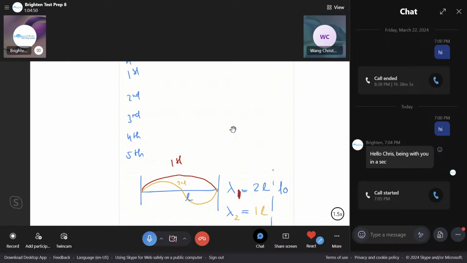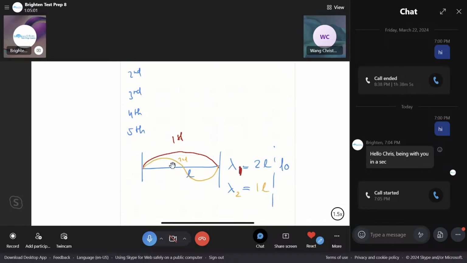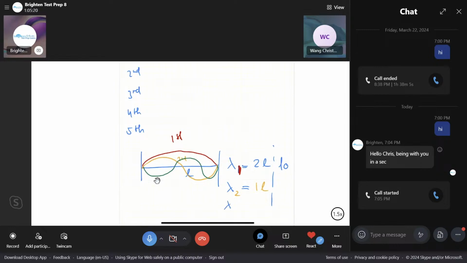And when we go to the third one, that is testing my drawing skills again. It should be like that. In that case, what is the wavelength? 2 over 3L, exactly. And here we have F3, and we call that the second frequency.